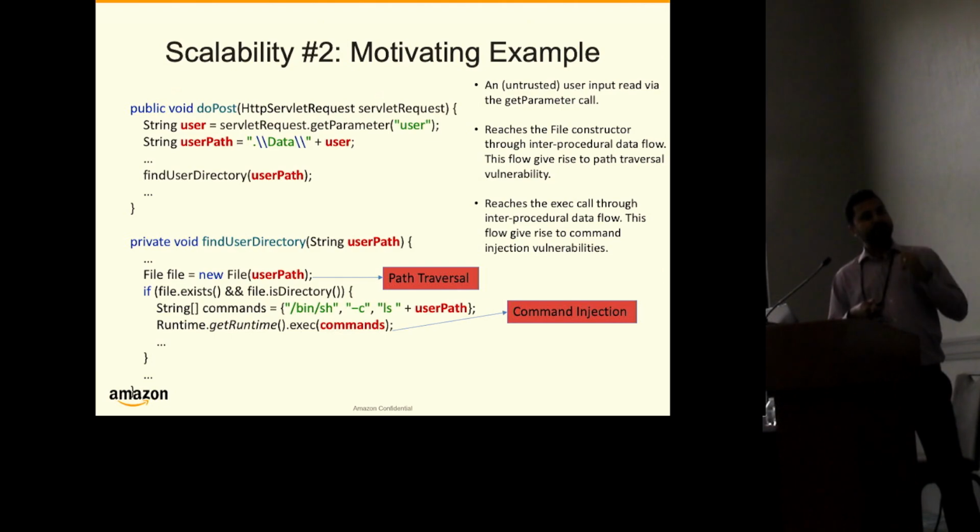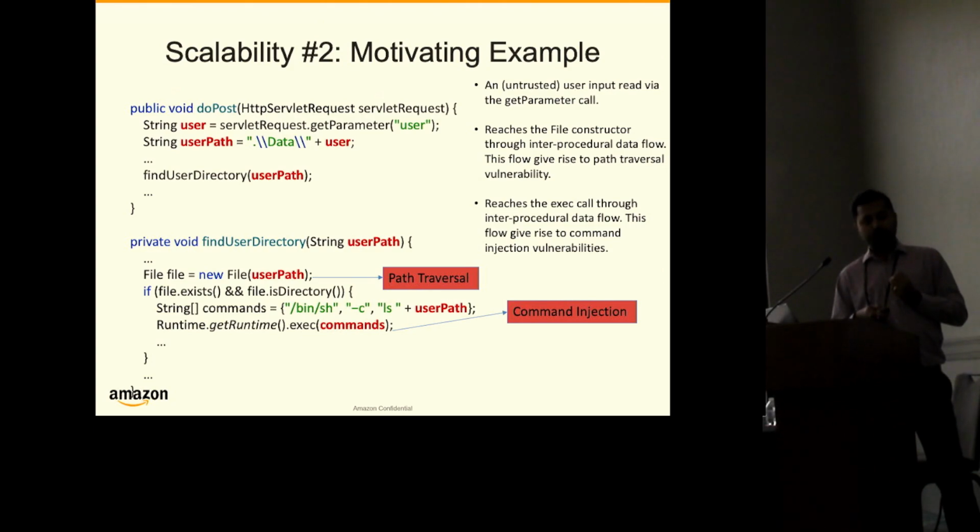Let's say another case where there's another injection error in this code, which is called command injection. So this same user input flows through this interprocedural flow and it reaches here. And this flow gave rise to command injection vulnerability, right? So this particular code demonstrates that there are 2 different vulnerabilities that exist, path traversal and command injection.